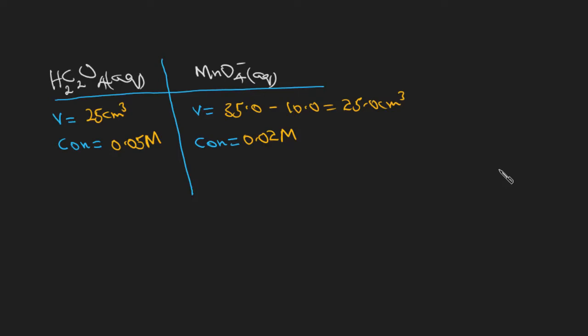Then we are going to show that those mole ratios relate the reacting quantities of the two substances when they are reacting. Let us start by calculating the number of moles of oxalic acid. How do we calculate it? The volume we have titrated is 25.